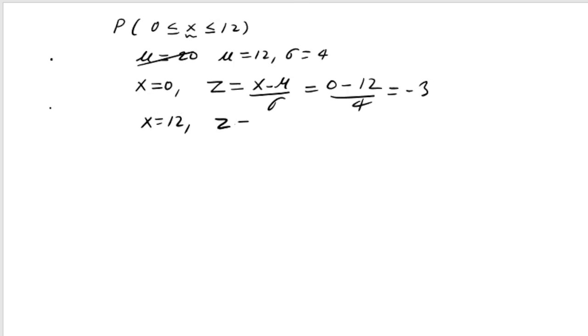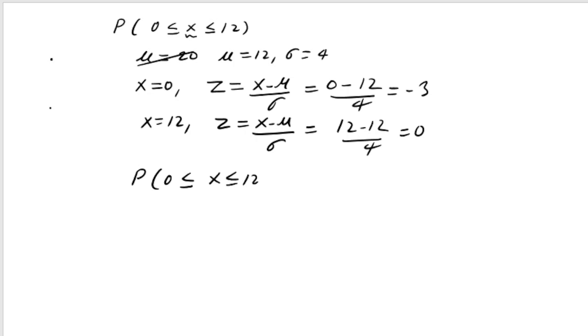So z is equal to again x minus mu by sigma. So that I will get 12 minus 12 by 4, that is equal to 0. So if I have to calculate the probability for x lying between 0 and 12, it is the same probability as when z is lying between minus 3 to 0.